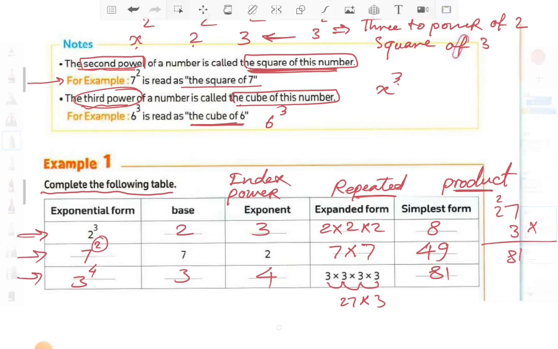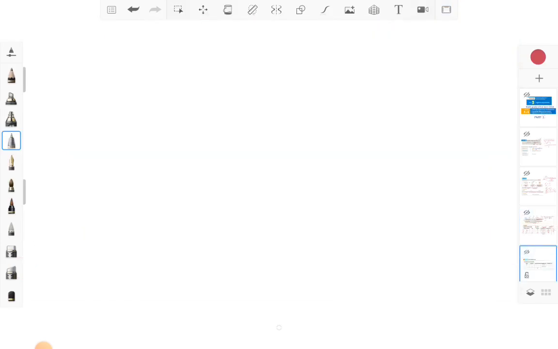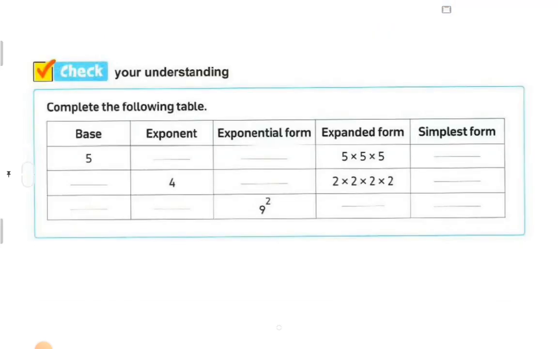Next, now let's check our understanding. Complete the following table. It's the same idea. Here we have base 5. What is the exponent? I don't know, it's blank. What's the exponential form? I don't know it.